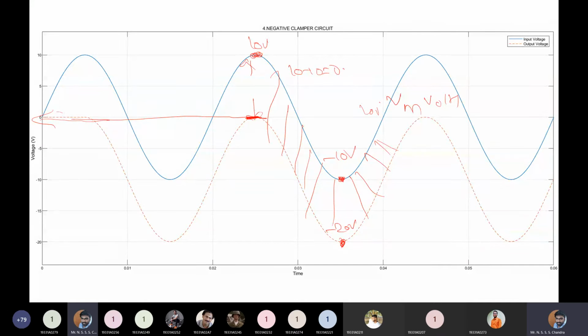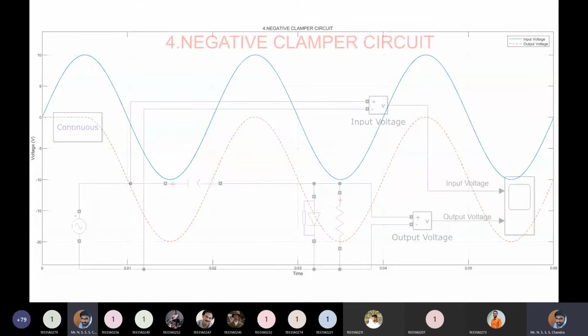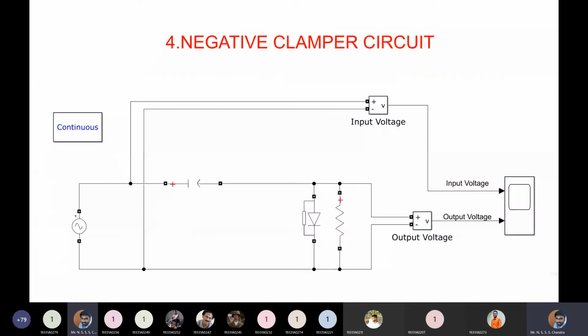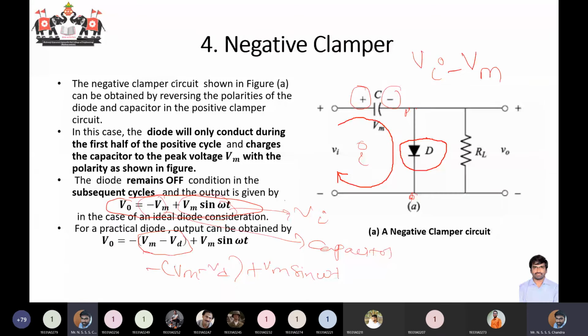If it was a practical diode condition, how would your voltage be? It would be minus of Vm minus Vd, so minus Vm plus Vd plus Vm sin omega t. So it would have been minus 10 plus 0.7 plus 10.